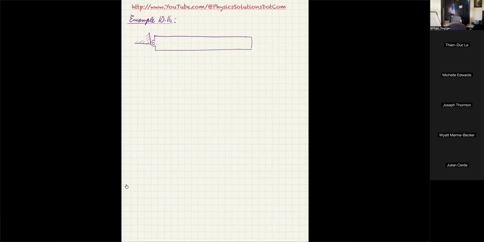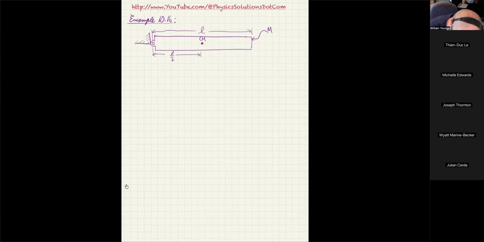And of course, this rod has a length L and a mass M. And then if I go over a distance L over 2 to the geometric center, then that would be the center of mass.